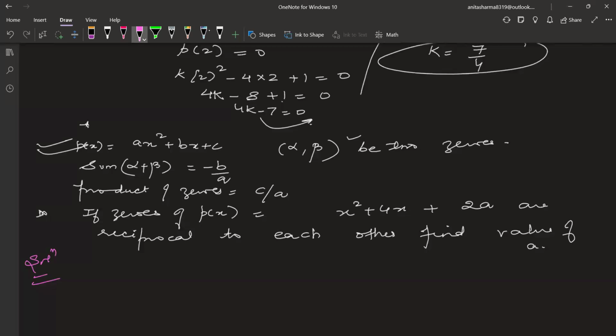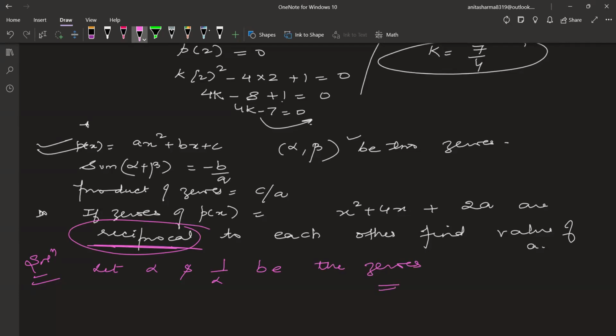Ma'am, reciprocal means alpha plus 1 by alpha. Yes, see, beta, in case of reciprocal, if you are given this word reciprocal, then suppose let alpha and 1 upon alpha be the zeros. Got it?